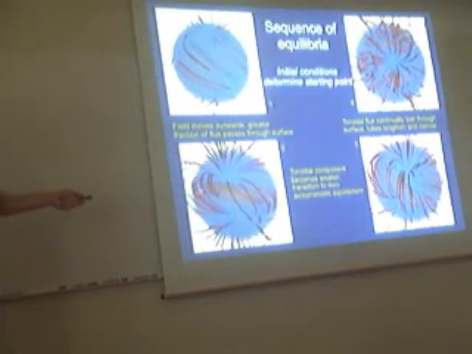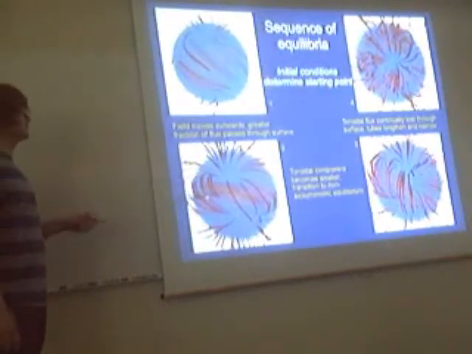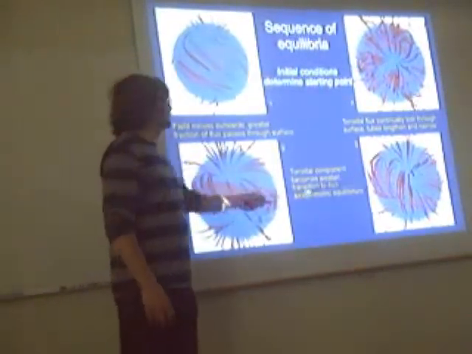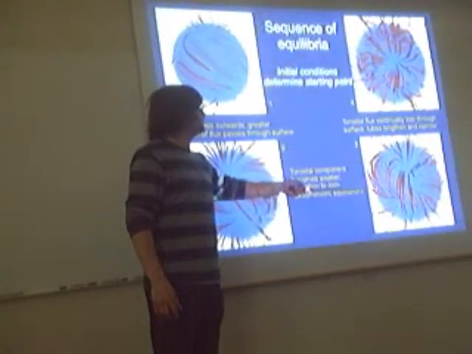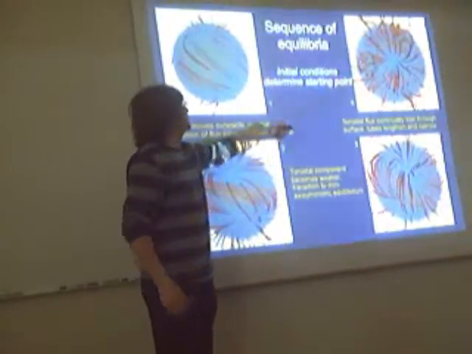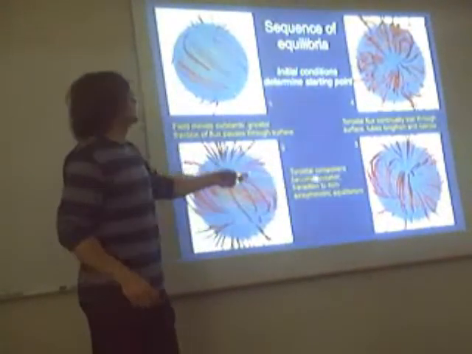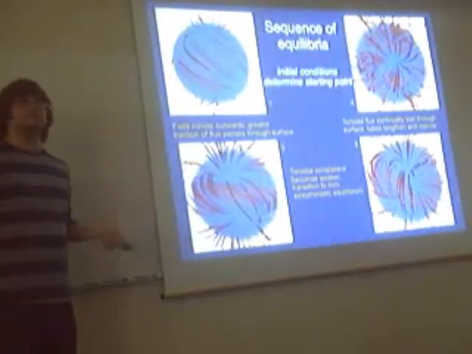Here we still have an axisymmetric equilibrium. This flux tube is closer to the surface, so more of the flux goes through the surface. Here we have a non-axisymmetric equilibrium, where the flux tube is doing something like that. And here we have an even more complicated thing, where the flux tube is doing something much more chaotic. The result of these diffusive processes is that you move along this sequence.